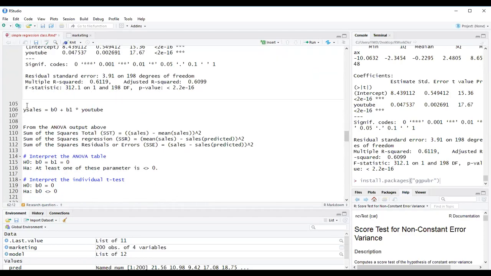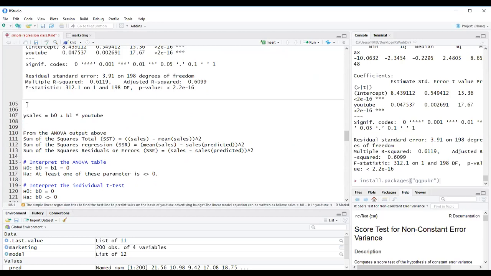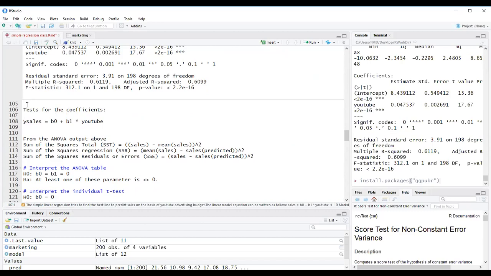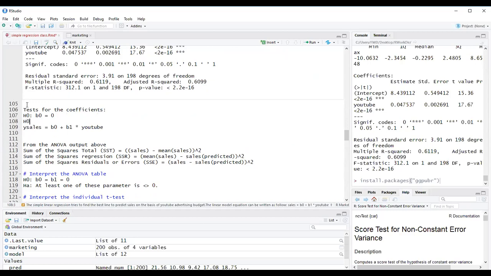Let me write it here. We're testing the coefficients. So number one, our null hypothesis is that B0 is equal to 0. And another null hypothesis, B1 is equal to 0.